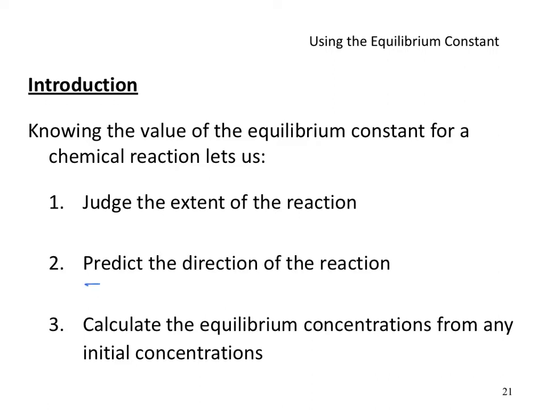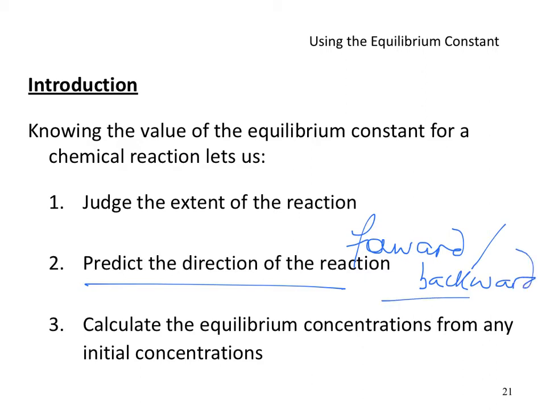So you can very safely predict the direction of the reaction as forward or backward. You can do that if you know the equilibrium constant value. And of course, you can calculate the equilibrium concentrations from any initial concentration that is provided to you. So we are going to take a look at that as well.